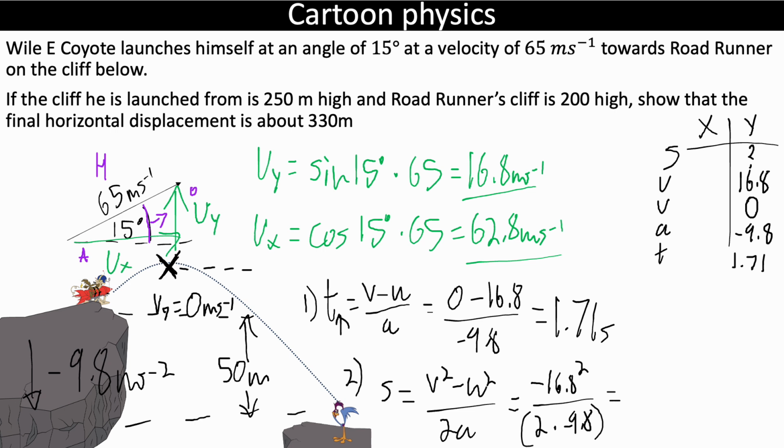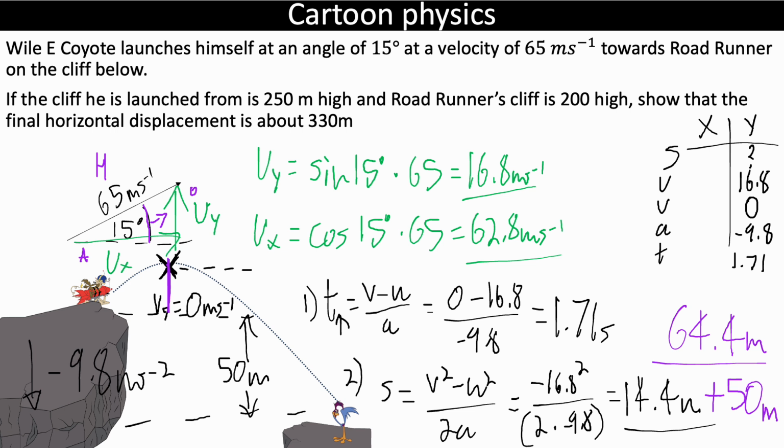That gives us 14.4 meters as how far up he goes from his starting point, this distance in purple here. In order to fall back down, he's going to fall 14.4 meters plus an extra 50 meters, so a total of 64.4 meters.